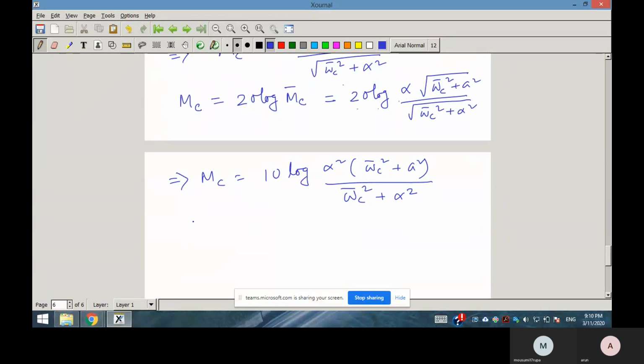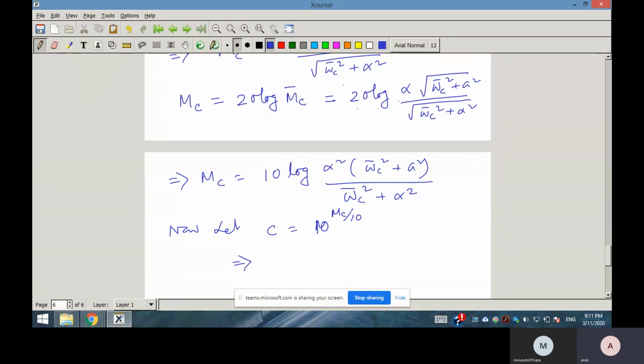Yeah. So now let C equal to 10 to the power of MC by 10.